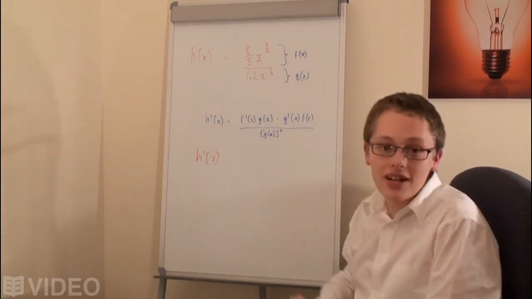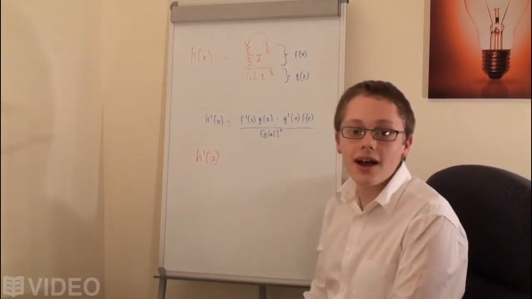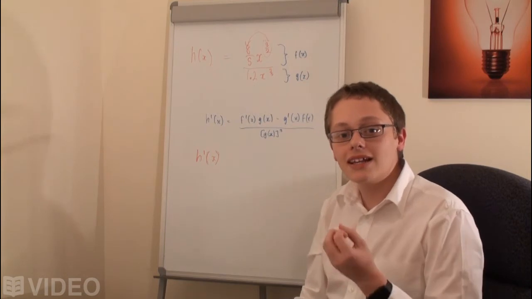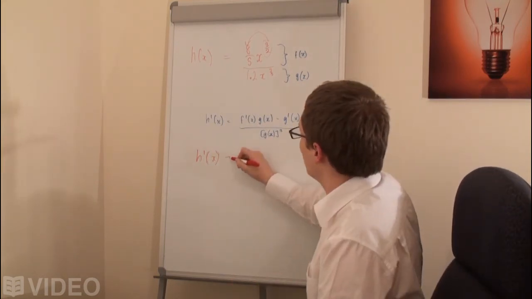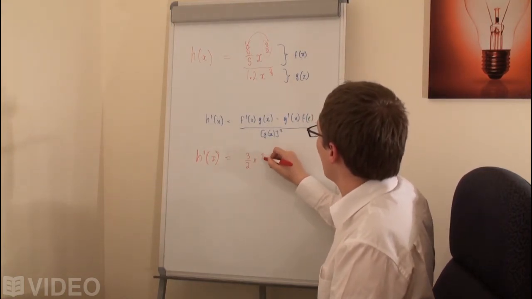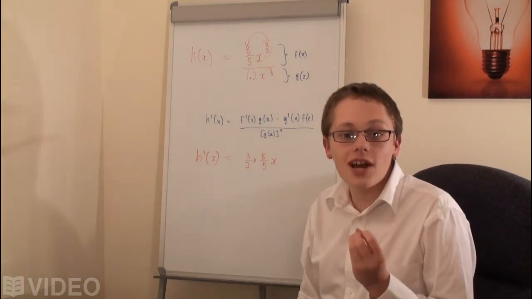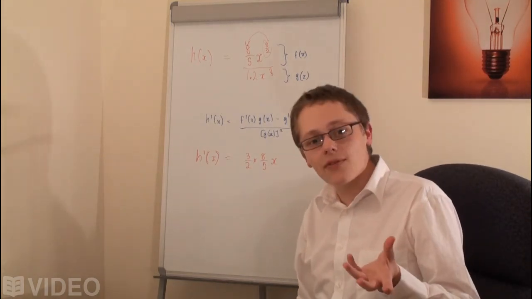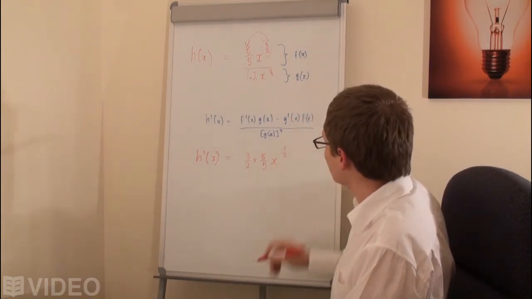Alrighty, so let's differentiate the first part. We bring the exponent down and we multiply it by the coefficient. Again, it's just that simple power rule that we learnt before. So we end up having h' of x equals 3 over 2 times 8 over 5, x. And then, when we take 1 from 3 over 2, it's like having 1.5, so 1.5 take 1 is equal to a half.